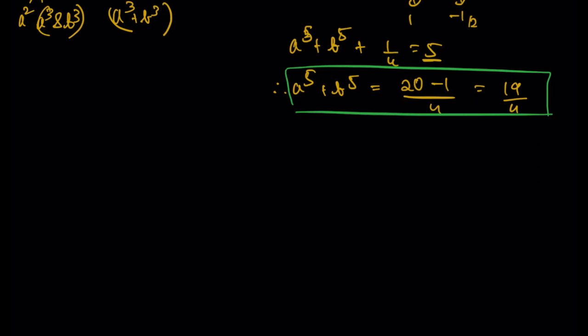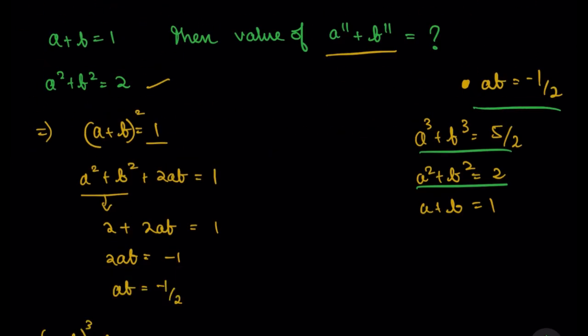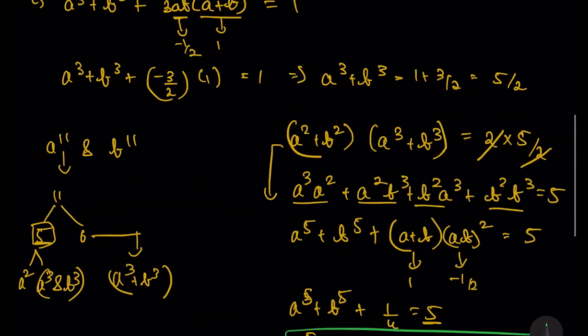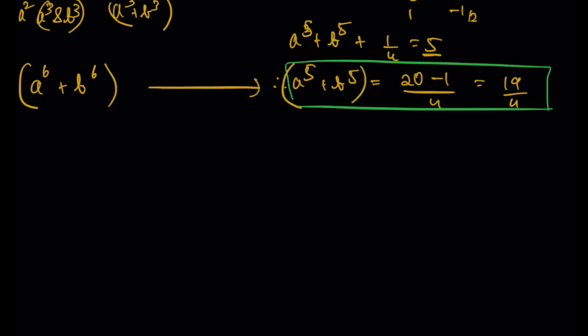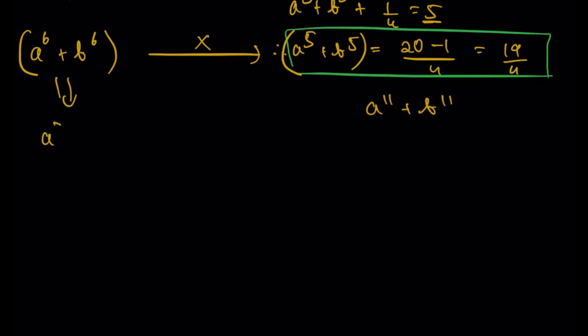Next, we are now supposed to calculate a power 6 plus b power 6, so that we could multiply these two terms and find the value of a power 11 plus b power 11. So this term would be a cube plus b cube the whole square.